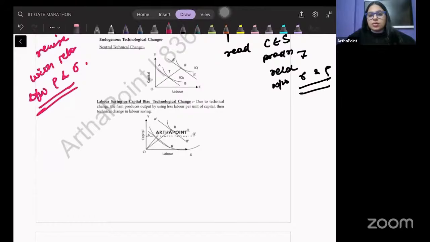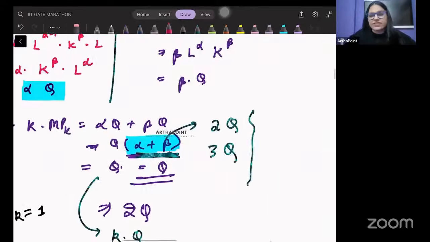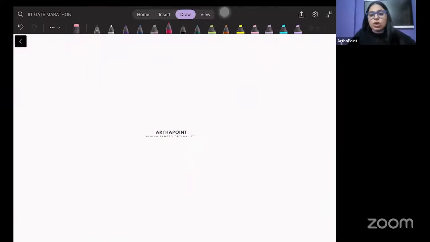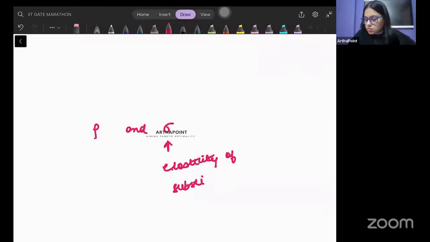So beta, this is something that I have done in the recordings. Just have a look here. We have derived this. It's a big derivation. You will get the relationship between rho and sigma. Sigma represents the elasticity of substitution, and rho was representing the power of the CES function.